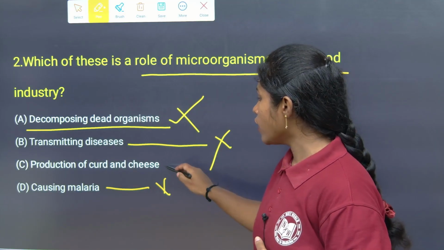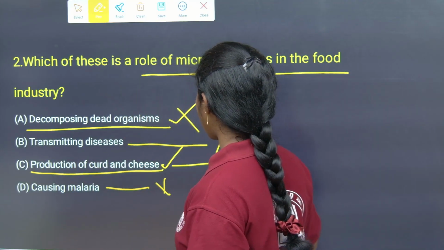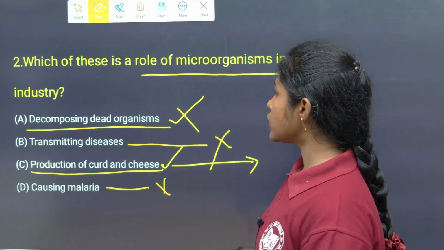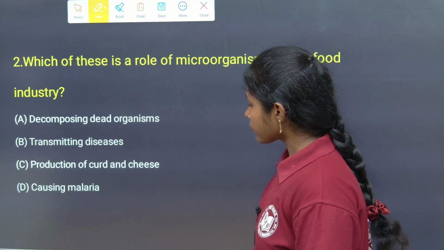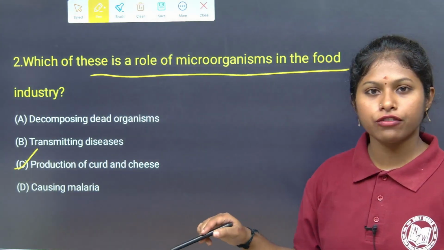Here the production of curd and cheese helps in digestion, increases bone strength and provides vitamin B12. Right, children? The right answer is C. In the food industry, production of curd and cheese is the role of microorganisms.